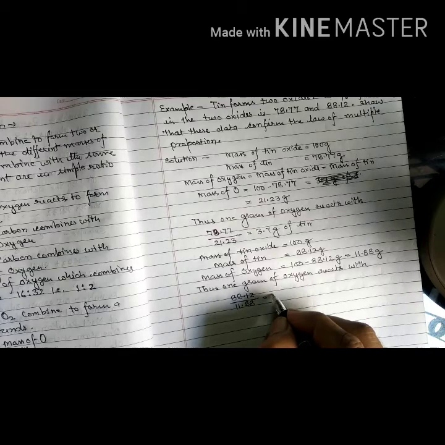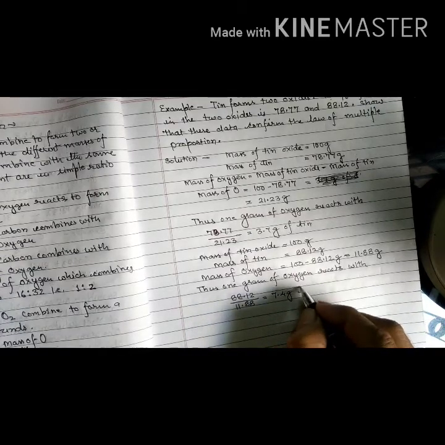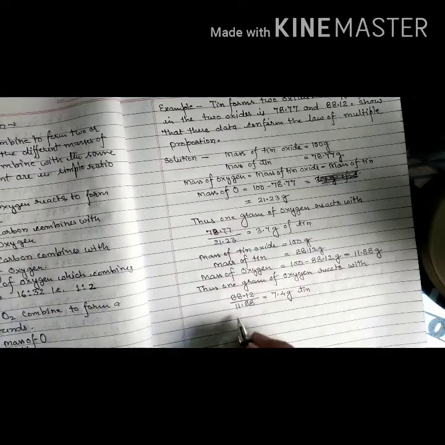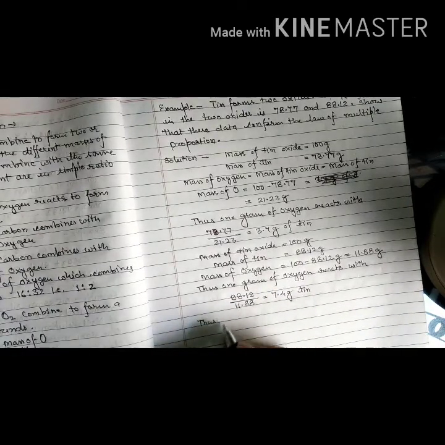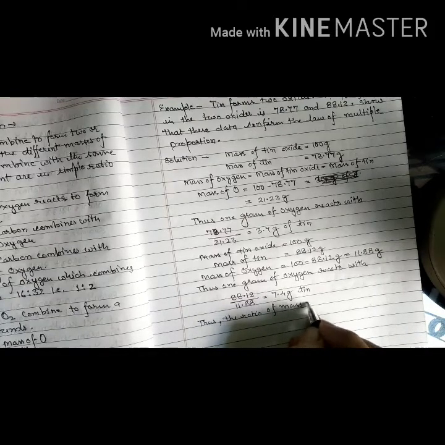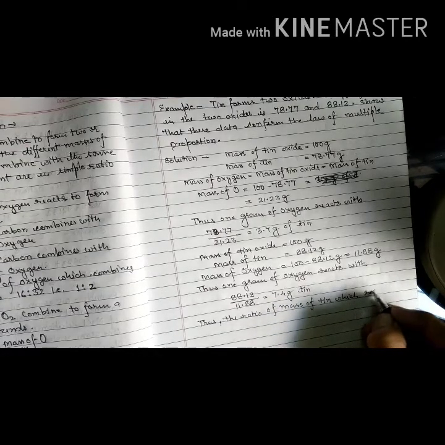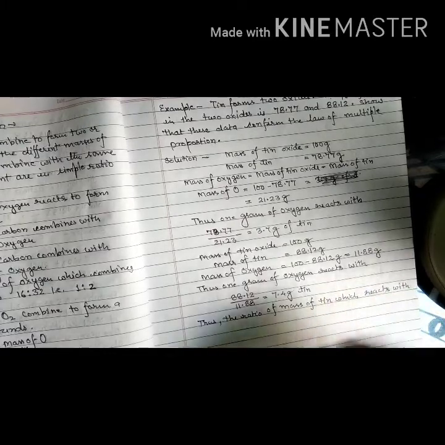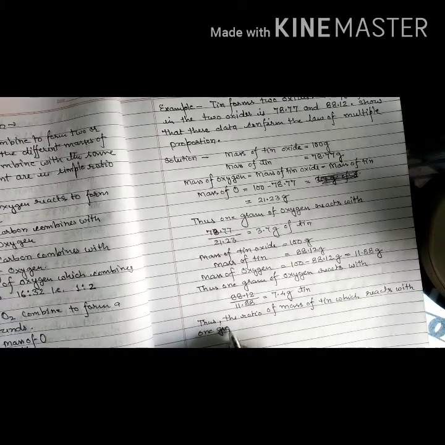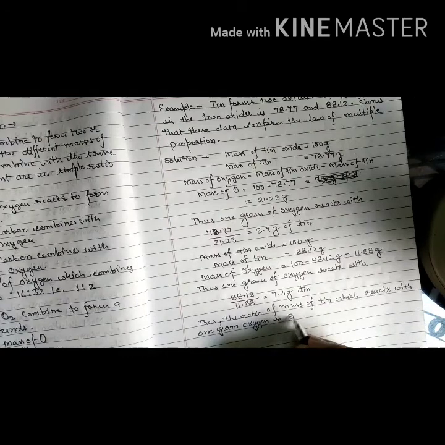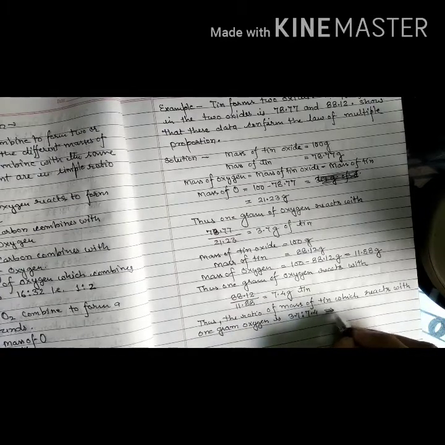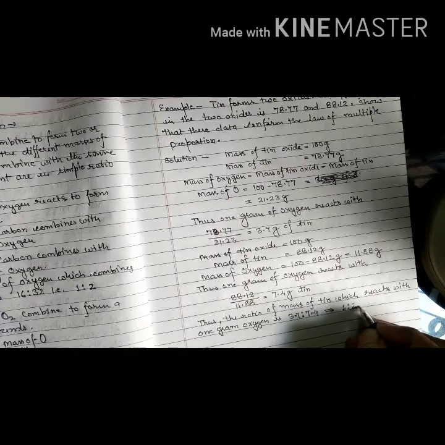This comes to 7.4 gram tin. Thus the ratio of mass of tin which reacts with 1 gram of oxygen is 3.7 is to 7.4, and this comes in the simplest ratio 1 is to 2.